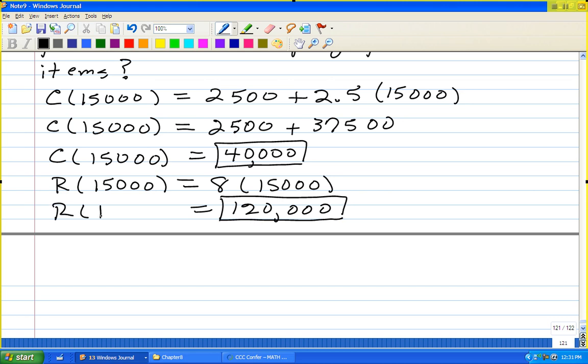So that's the revenue on 15,000 items. And let's find the profit, which is actually revenue minus cost. So I know it's 120,000 minus 40,000 is 80,000. But let's plug this in.